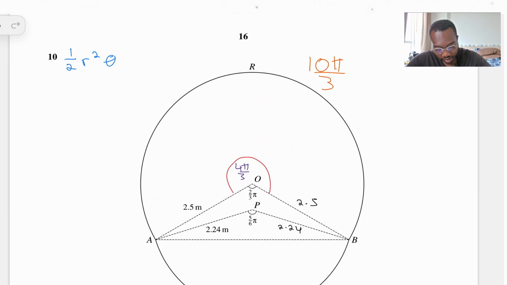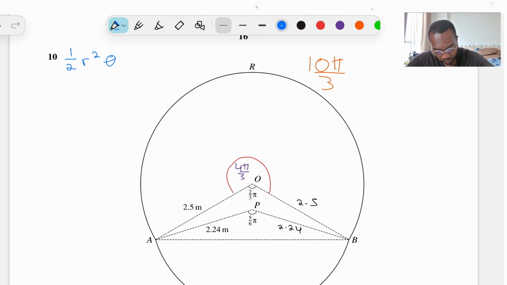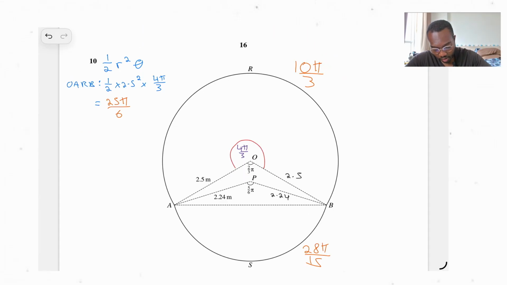That would simply be a half times r, which is 2.5 squared, and times theta, which is 4 pi over 3. Remember, it's 4 pi over 3 when we're dealing with the arc. And that will give me 25 pi over 6.